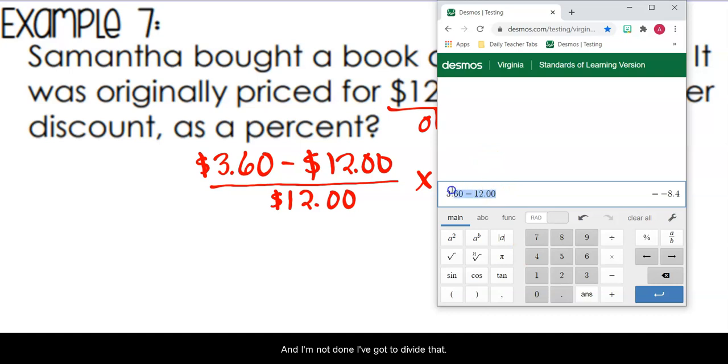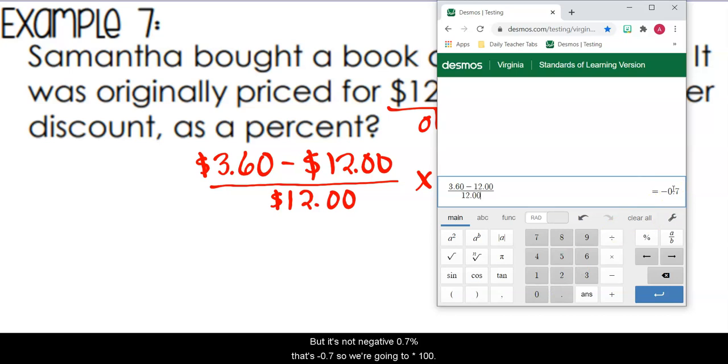And I'm not done. I've got to divide that by the original price, which was $12. Okay, so you notice there's a negative, but it's not negative 0.7%, that's negative 0.7. So we're going to multiply by 100, and so this is going to be a discount of 70%, or negative 70% change.